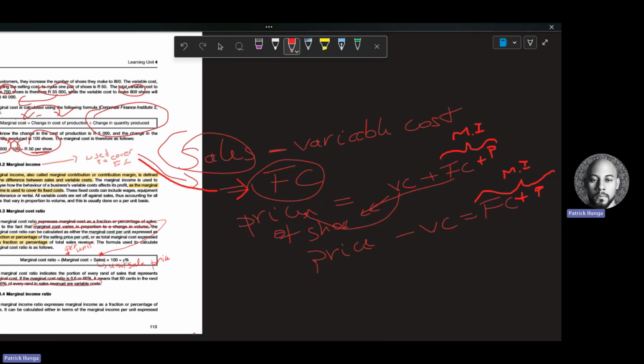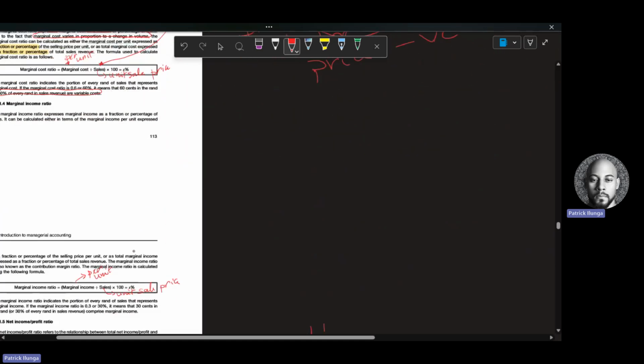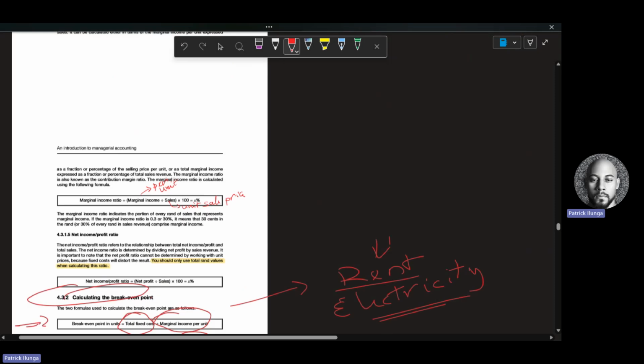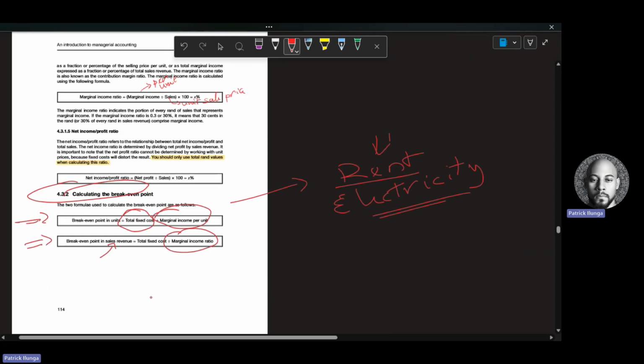And I did explain why, when we are looking for the break-even point, either in units or in sales revenue, you will see that we are using the total fixed cost.